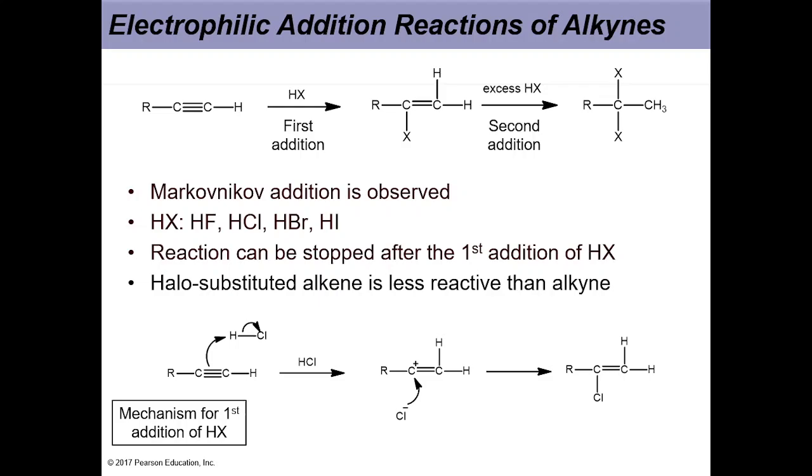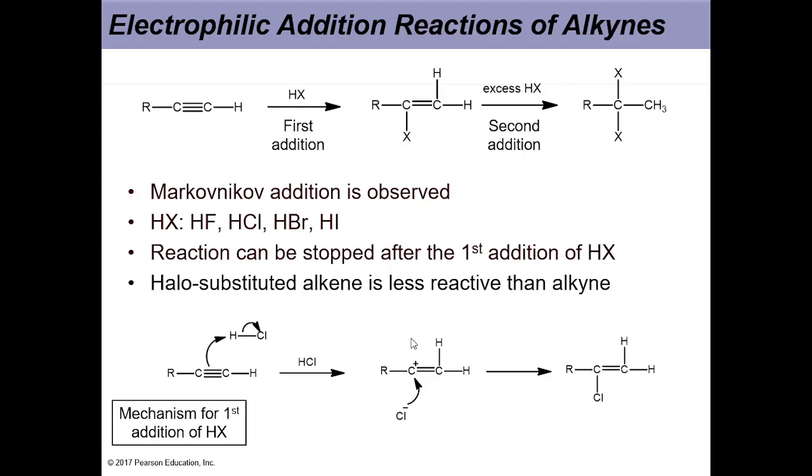Now, you might be wondering why the double bond does not compete with the triple bond in this case if you have only one equivalent of HCl, when you have both triple bond and double bond present at the same time. Well, that's because the halogen-substituted alkene, which is the product of the first addition, is less reactive than the alkyne. So in the presence of a triple bond, the HCl will always prefer to react with the triple bond instead of the double bond.